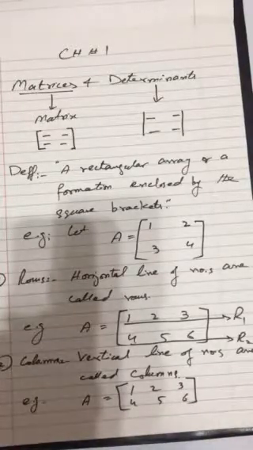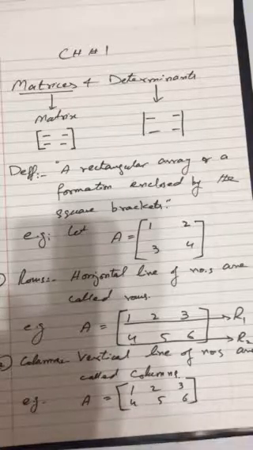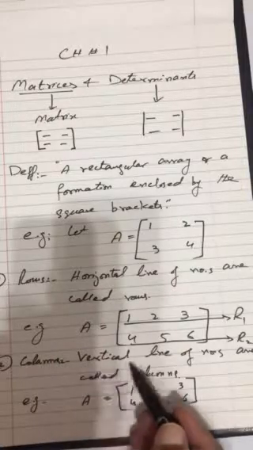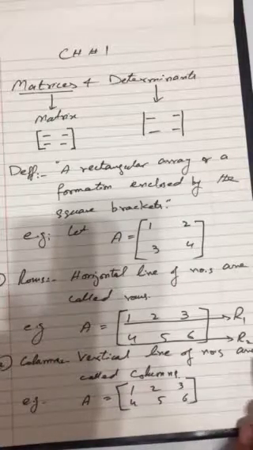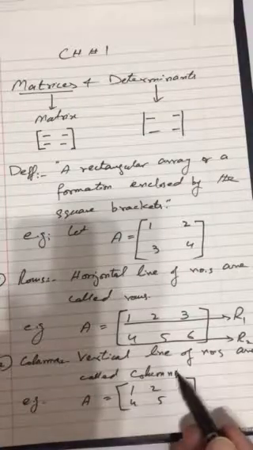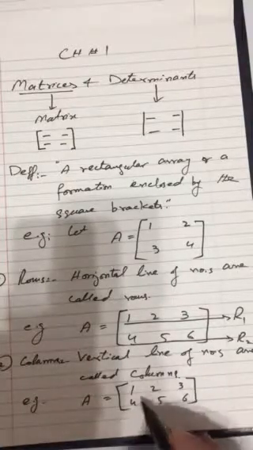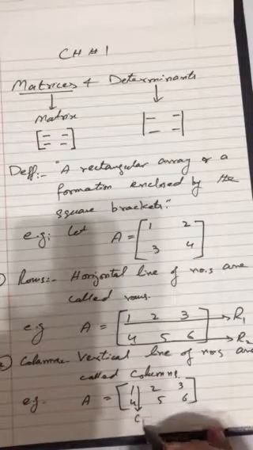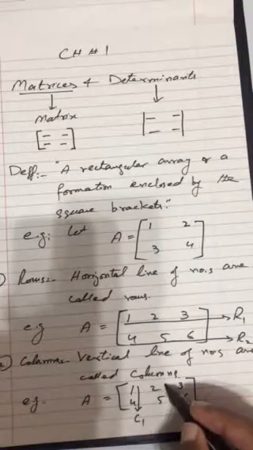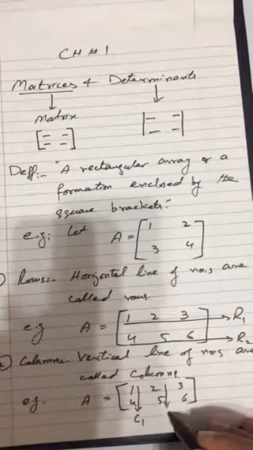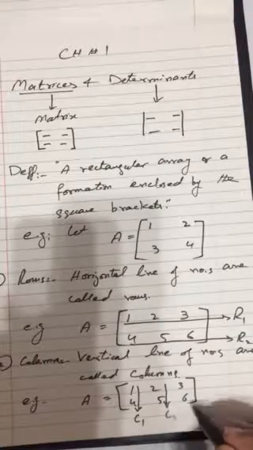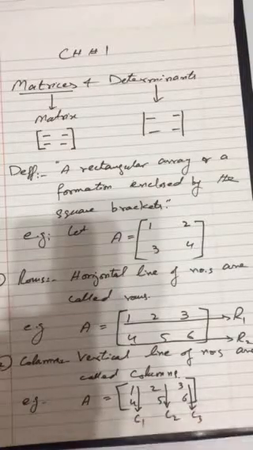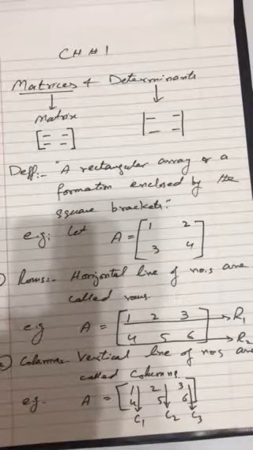So this is a matrix. How do we represent the columns? As in the definition, vertical lines of numbers are called columns. So how many vertical lines? 1, 4 is the first column, first vertical line, I call it column 1. 2, 5 is the second vertical line, column 2. And 3, 6 is the third vertical line, column 3.